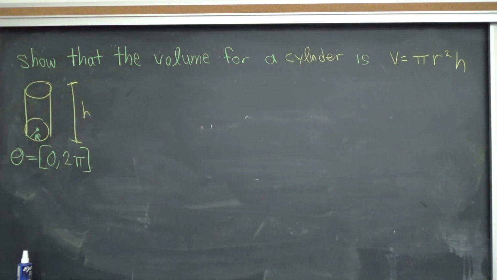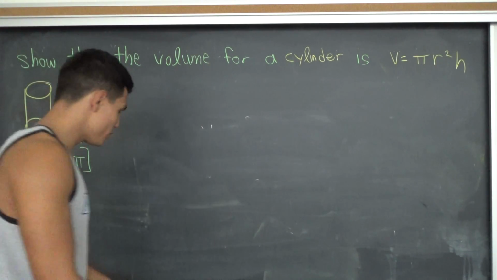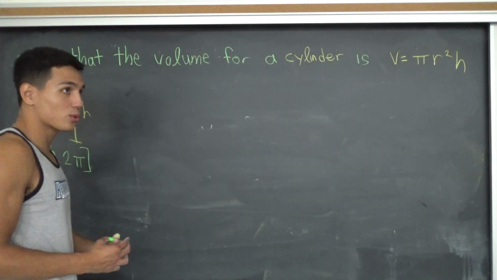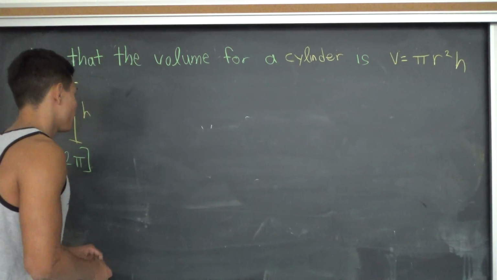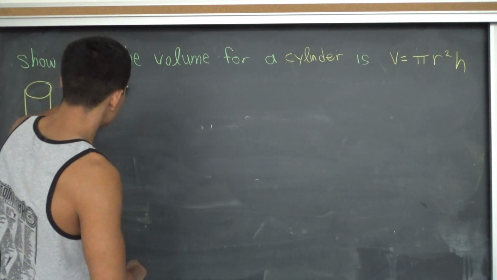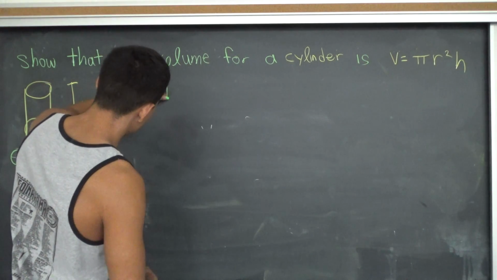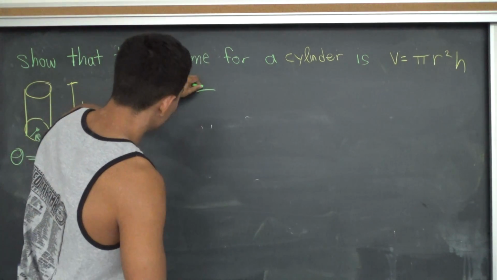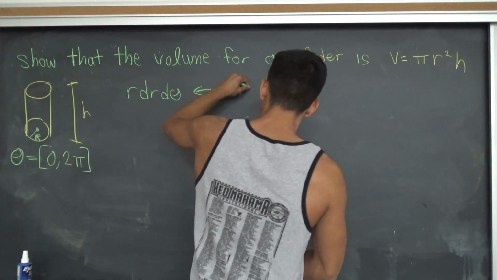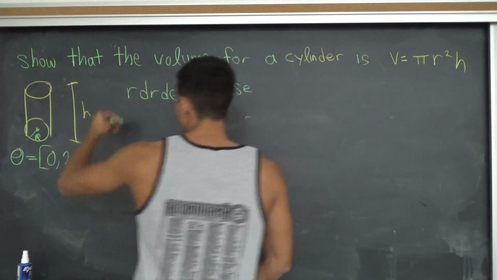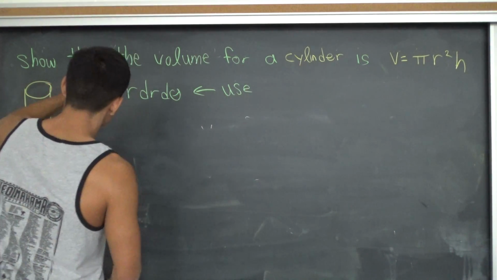Now, quite obviously, since it's a cylinder, we want to use cylindrical coordinates. Does anybody remember the cylindrical coordinate Jacobian? Okay, well, I'll just write it out. So it's r dr d theta. You want to use this. This is equal to dA.